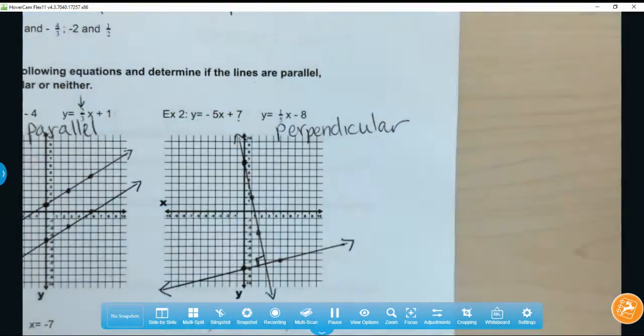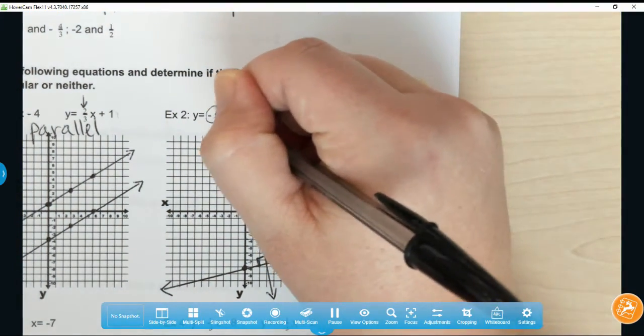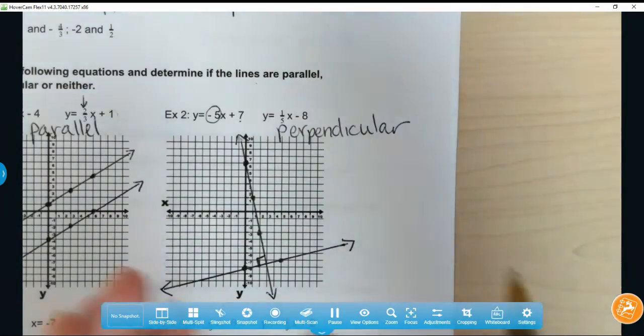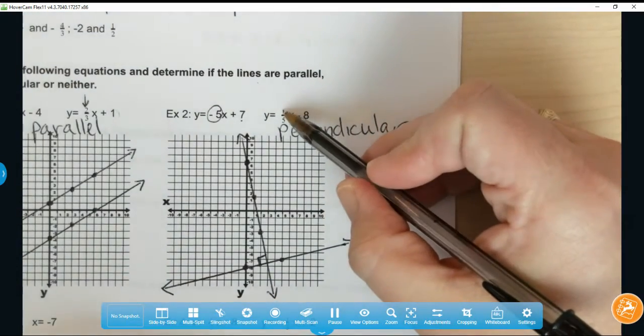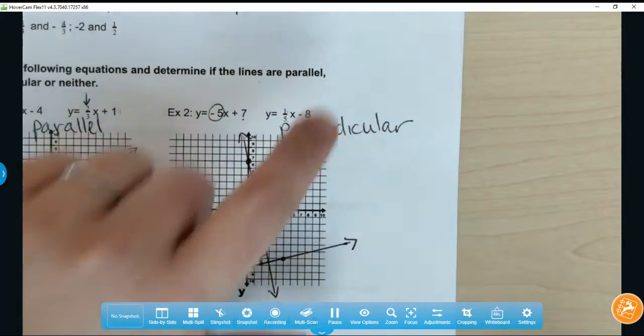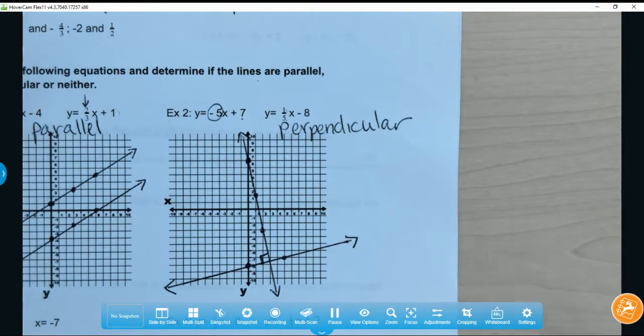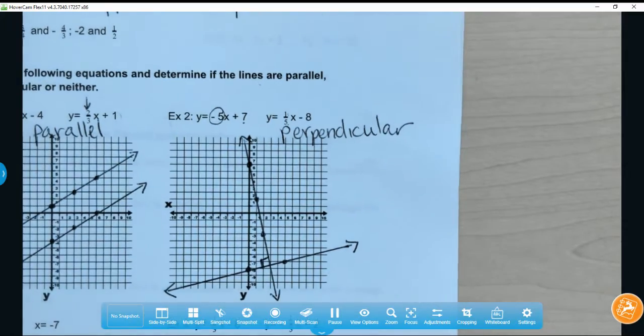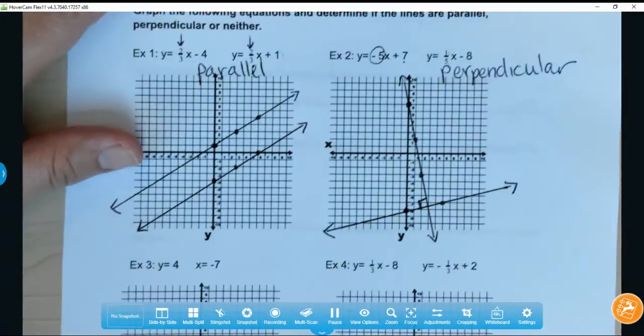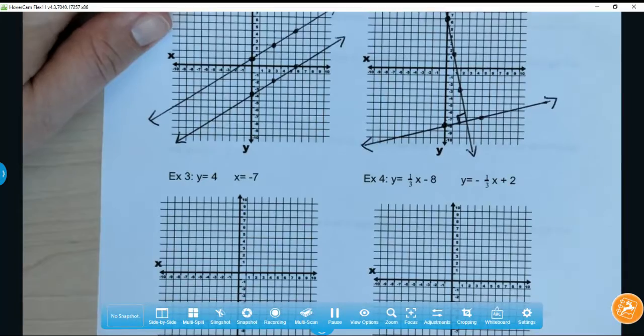But we know for sure it's perpendicular because if we look at the slope, -5, switch and flip, opposite reciprocal, 1/5. So that's how we got that to be for sure perpendicular. We didn't just eyeball it on the graph. We actually took a look at it in the equation.